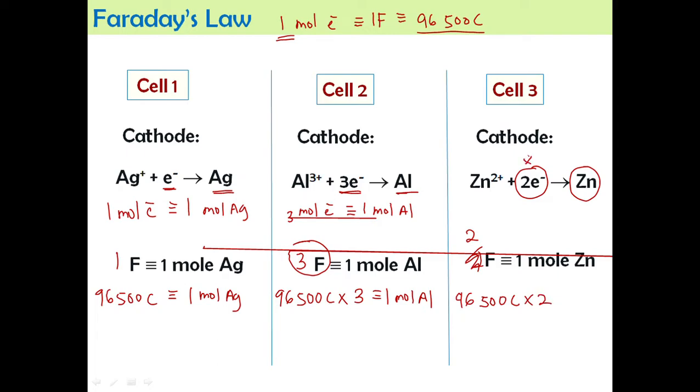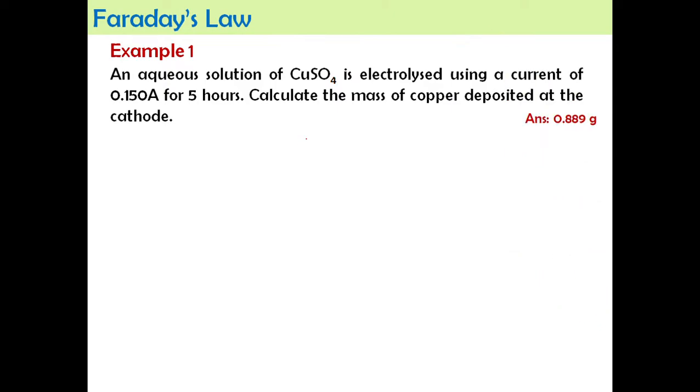Sebab 2 elektron. Barulah dapat 1 mol zinc. Okay? Jadi saya harap awak boleh nampak relationship di dekat sini. Berapa banyak elektron, banyak itulah yang kita kena darab dengan 96,500 coulomb. Okay? Okay, jadi nak lebih faham about the Faraday's law, about the Faraday's constant, kita pergi example 1, the calculation.